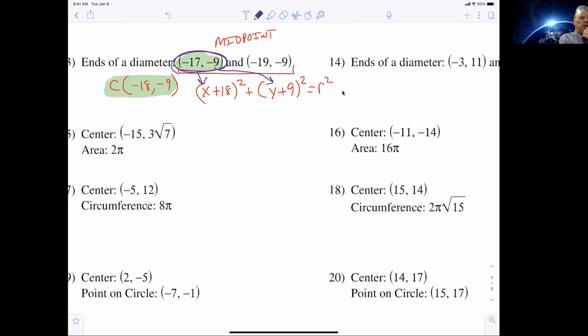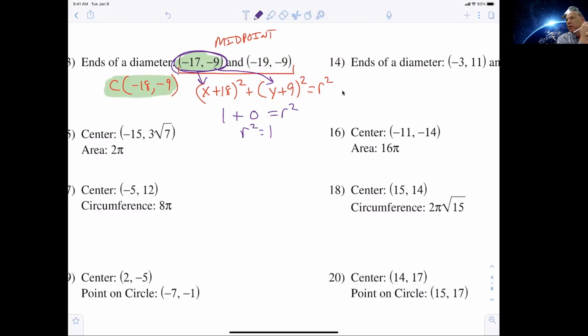So if I plug negative 17 in, what's negative 17 plus 18? What's 1 squared? 1 plus, if I plug negative 9 in, I get what? 0 equals r squared. So we were still correct, but generally what you're going to do is plug a point into the equation, and then that will help you find r.